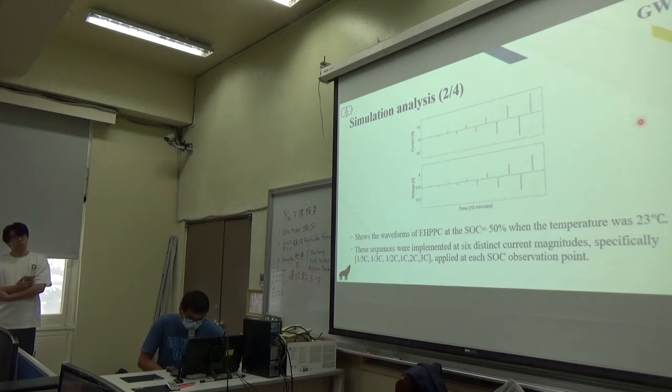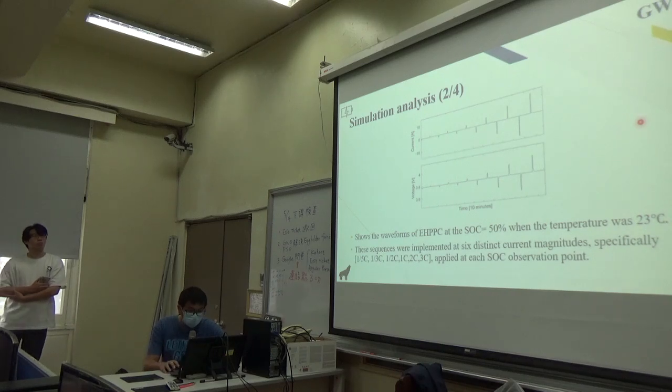And then, to verify the equivalent circuit model performance, HPPC was constructed. We use a constant current for 30 seconds of discharging pulse. This is the first discharging pulse.